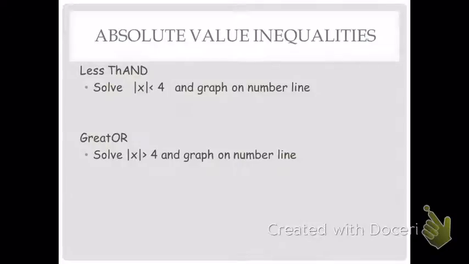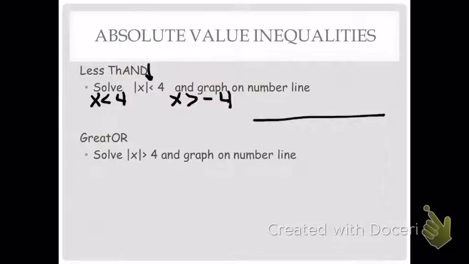So we're going to split this up into two inequalities, and of course those need to be isolated. For the second one, we switch the inequality and change our sign.